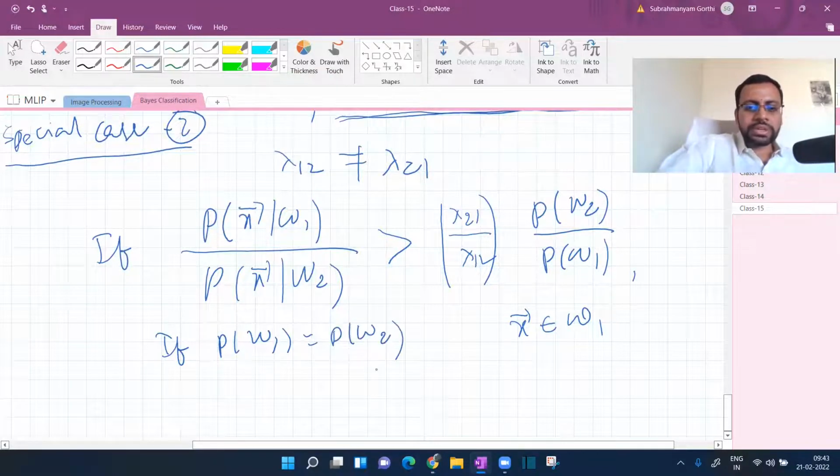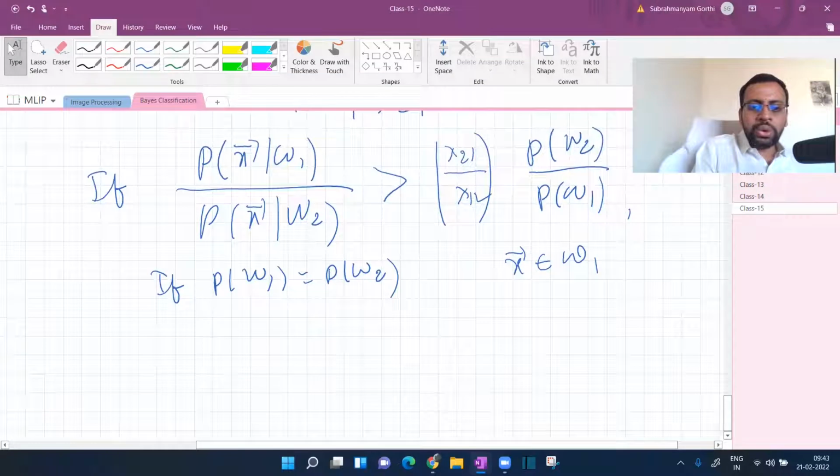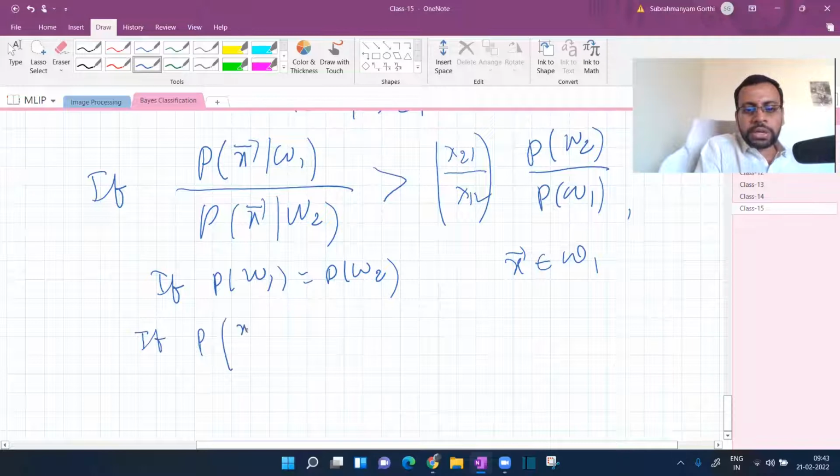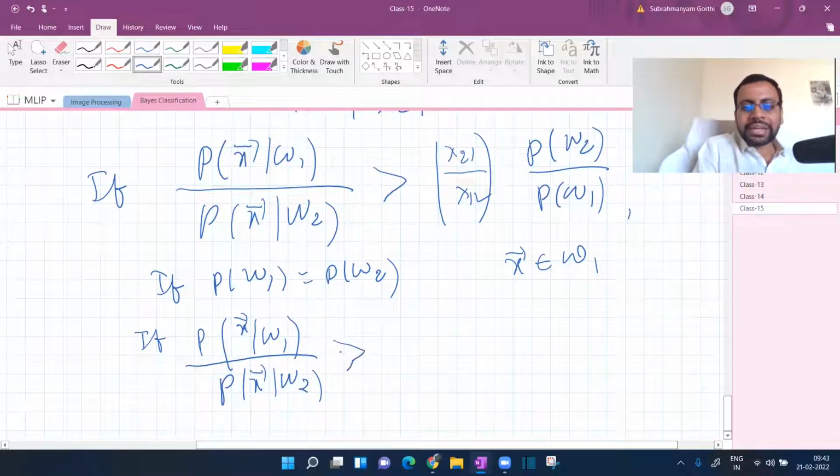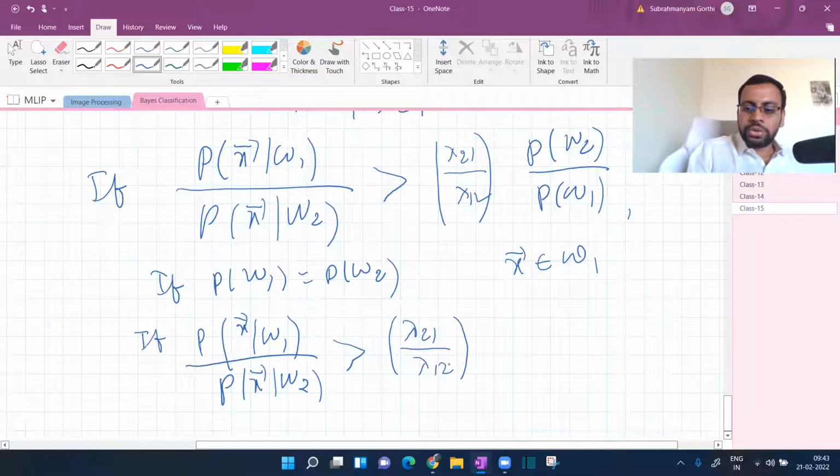Suppose further, this is the further assumption. Then when do I assign it to omega 1? I would assign it if my probability of x bar given omega 1 divided by probability of x bar given omega 2 is greater than lambda 2 1 over lambda 1 2.